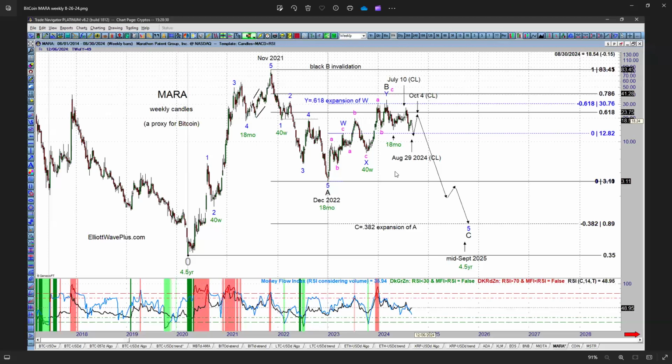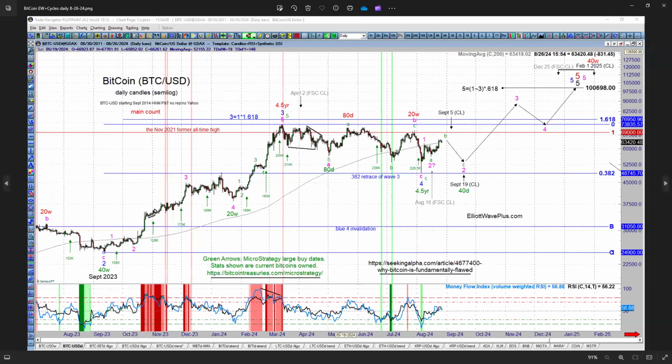I think the reason is, and you'll see these notes on my daily chart of Bitcoin, there's an article you should definitely read, why Bitcoin is fundamentally flawed. The fundamental flaw in Bitcoin is the amount of energy it sucks up with these data centers, and that is a huge cost of doing business for Bitcoin miners.